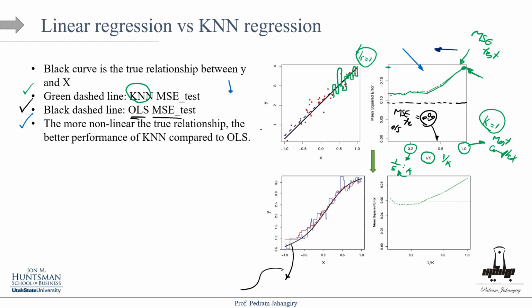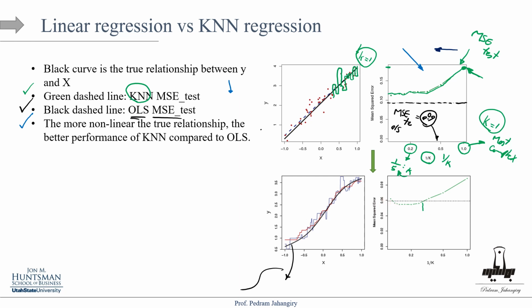And now for some values of k, specifically for these values, KNN is outperforming the OLS. Let me use my laser. For these values of k, the MSE in the test set for KNN is smaller than the MSE in the test set when we are using OLS.